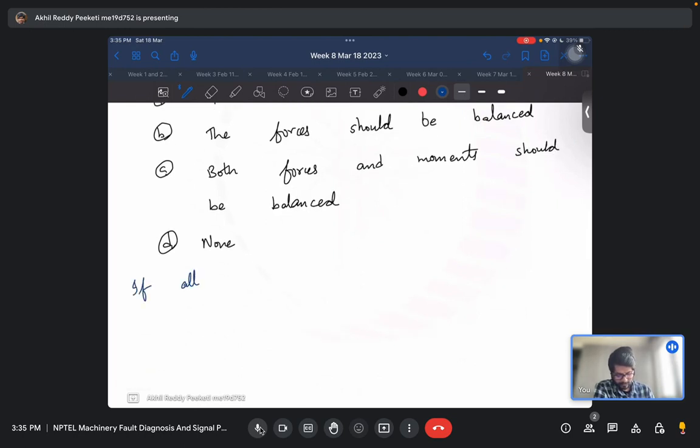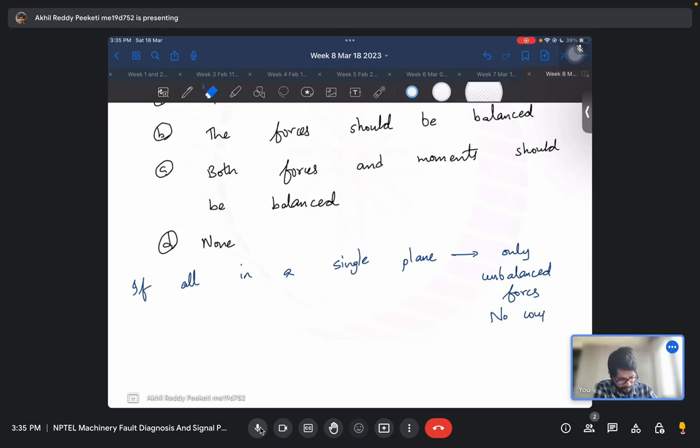So if all are in a single plane, then only unbalanced forces will be generated, no couples or moments. That is the first thing to notice. And if they are in a single plane, you add extra masses to balance out those forces.